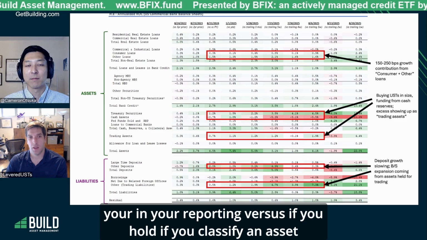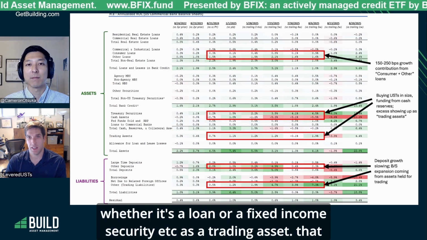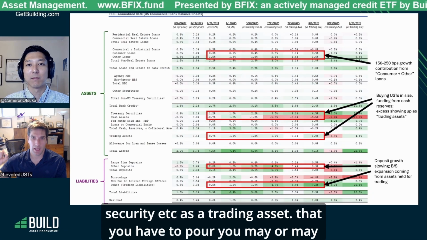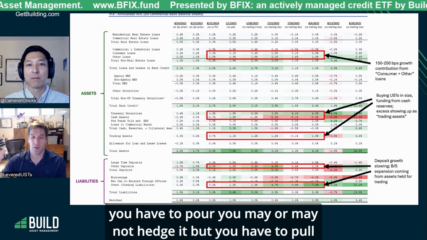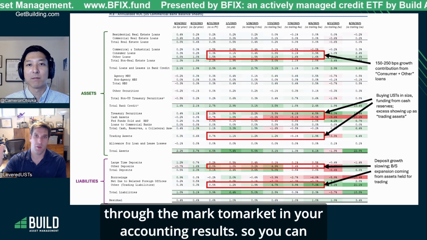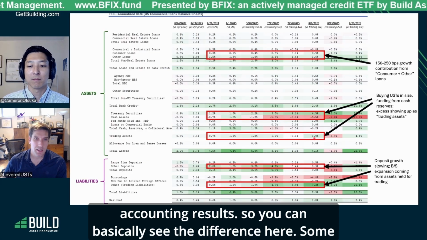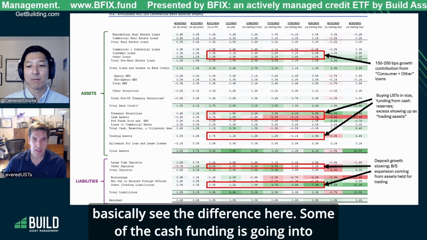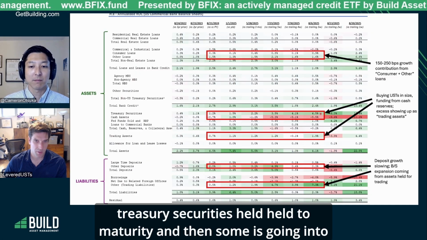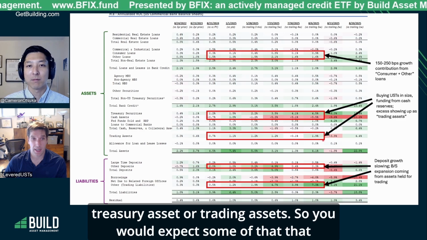Versus if you classify an asset, whether it's a loan or a fixed income security, et cetera, as a trading asset, you may or may not hedge it, but you have to pull through the mark to market in your accounting results. So you can basically see the difference here. Some of the cash funding is going into Treasury securities held to maturity, and then some is going into Treasury trading assets.